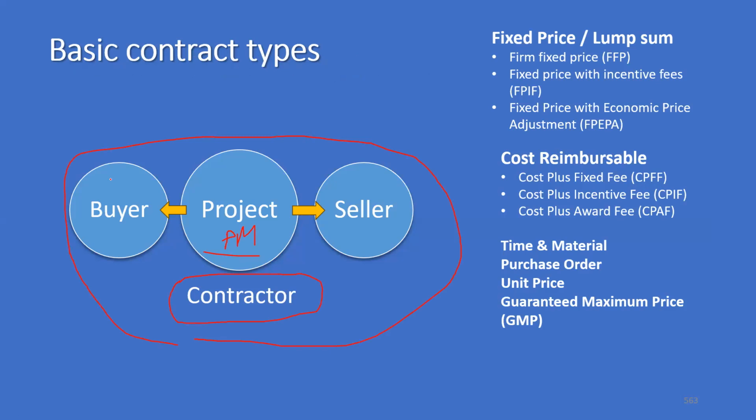On the one side, we have the buyer who gave us the order. And on the other side, we have to procure things from the sellers. So on both sides we sign contracts: here we sign a contract with the buyer, and here we also sign contracts with the sellers. So we have to manage these two aspects.